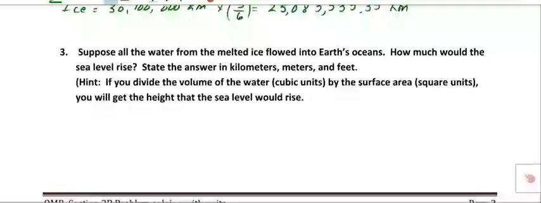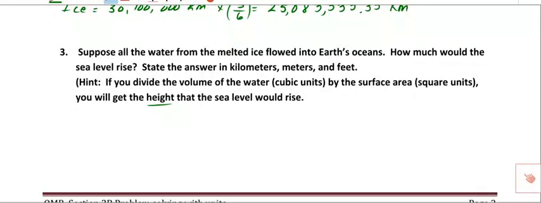A little note, if you take the volume of the water, which is in cubic units, and the surface area, that's in square units, if you divide those two values out, the volume of the water by the surface area in square units, you're going to end up with the height that the sea level would rise, and you'll end up with a single unit, because cubic units divided by square units will cancel and leave you with a singular unit, which would tell you how the sea level would rise. So use that as a hint to find that answer.